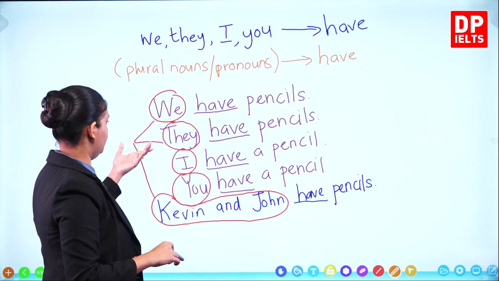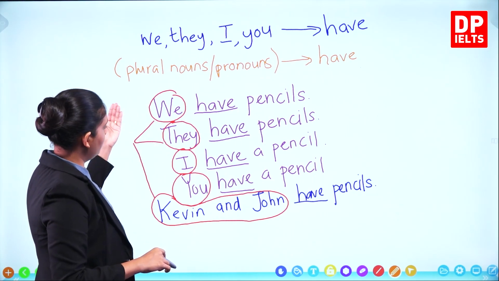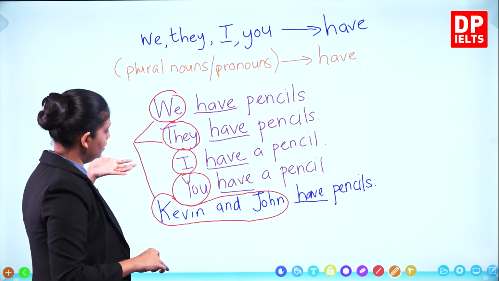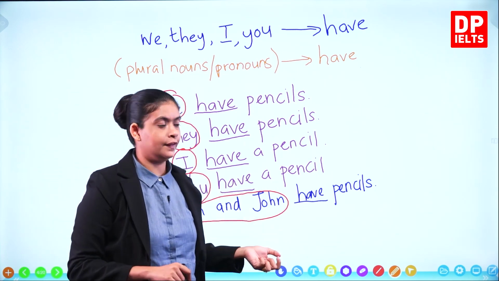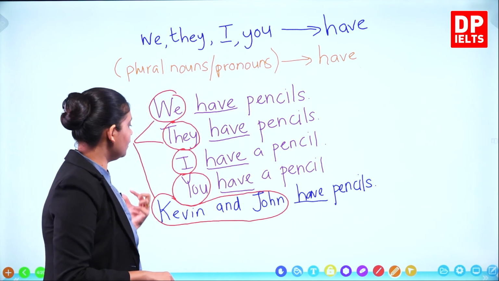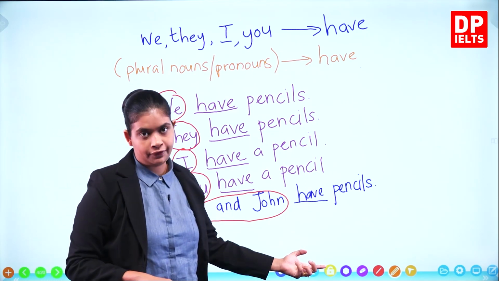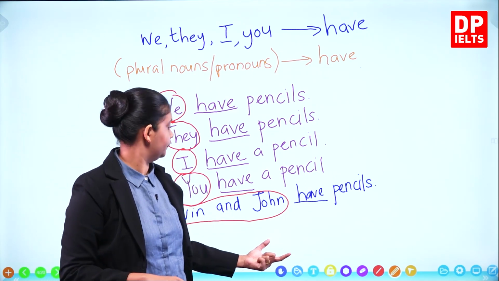We සහ they plural pronouns, බහුවචන සර්වනාම. Kevin and George කියන්නේ බහුවචන නාම පද. ඒවත් එක්ක අපි use කරන්නේ have කියන be verb එක.